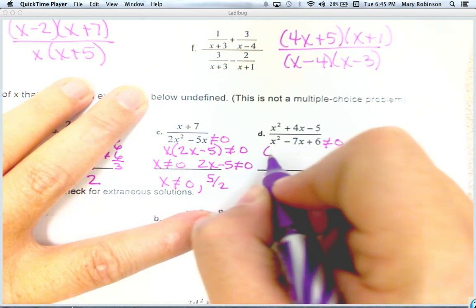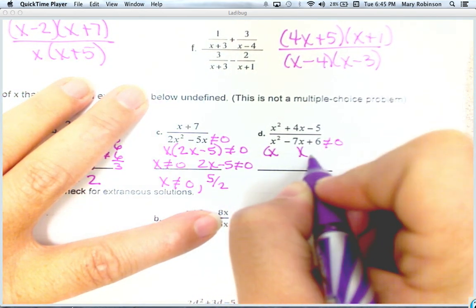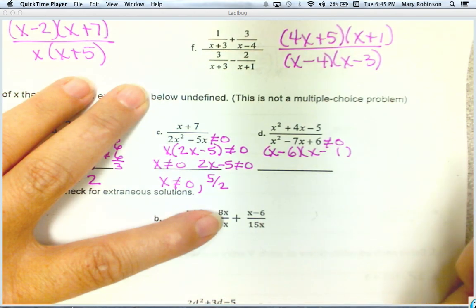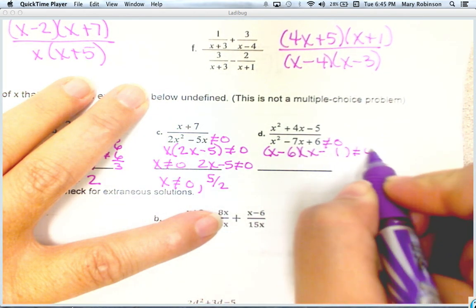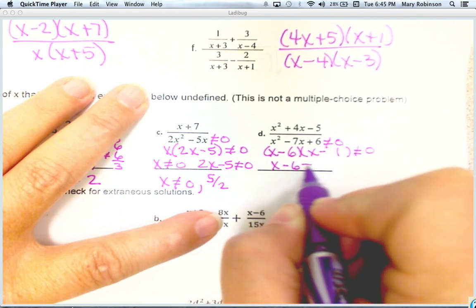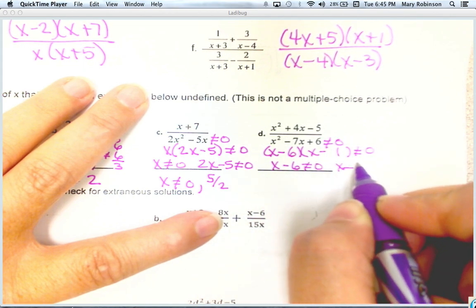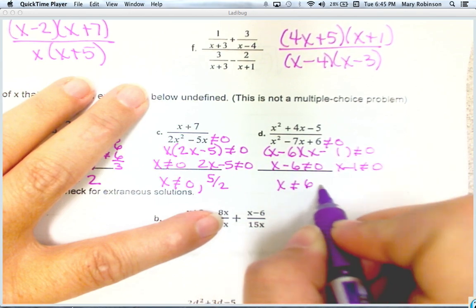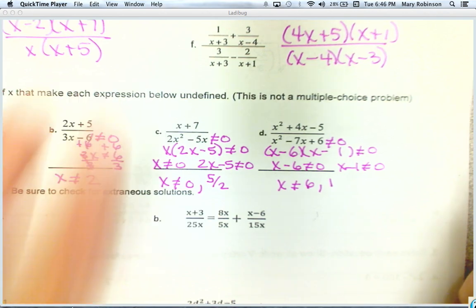For part D, this is a trinomial that factors as x minus 6, x minus 1. Those cannot equal 0, so if you were to set each one not equal to 0 and solve, you would get x cannot equal positive 6 nor positive 1.